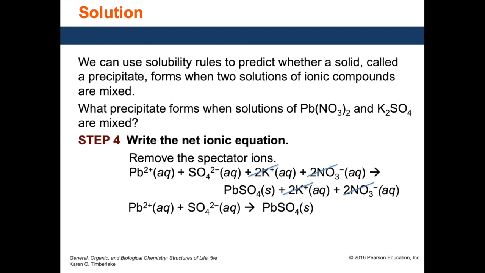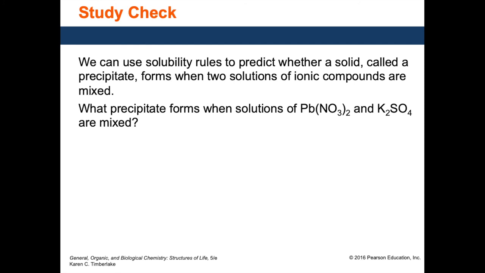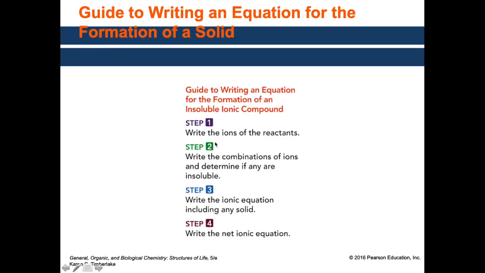So just to recap everything, okay, when you have your regular equation, split everything up into its ions, anything that's aqueous into its ions. Okay, so if you want to figure out the products, you can just switch partners and determine their formulas, and then decide which of these is going to be my insoluble product.